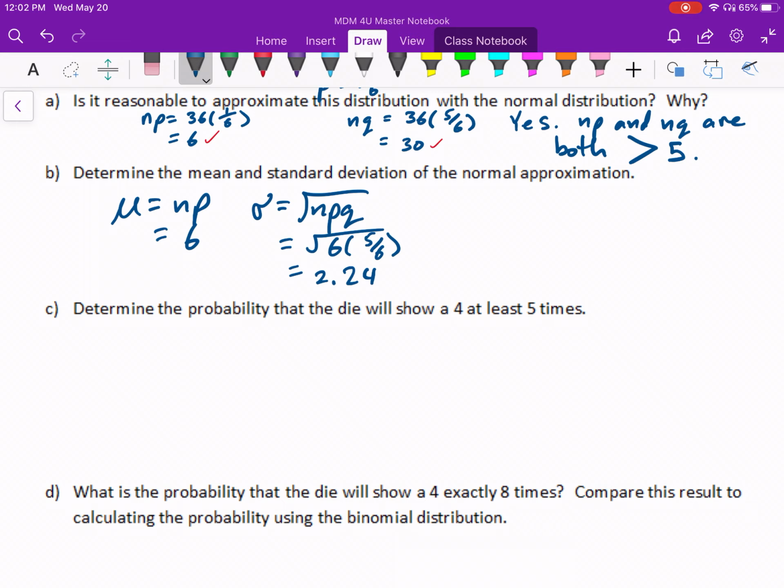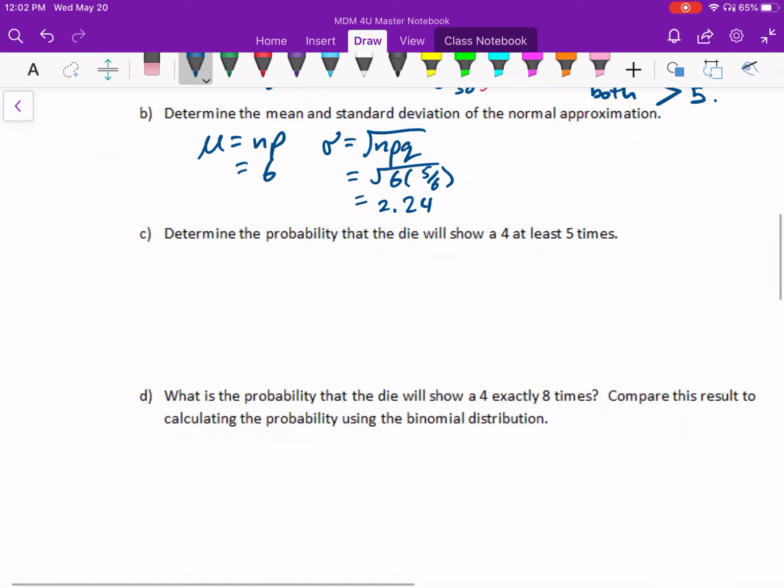Next part, we want to determine the probability that the die will show a 4 at least 5 times. Let me draw my sketch over here. Again, I always draw a normal distribution just so I can visualize. If the mean is 6, then in a normal distribution that would be here in the middle. We want to find the probability that they're going to roll the 4 at least 5 times.